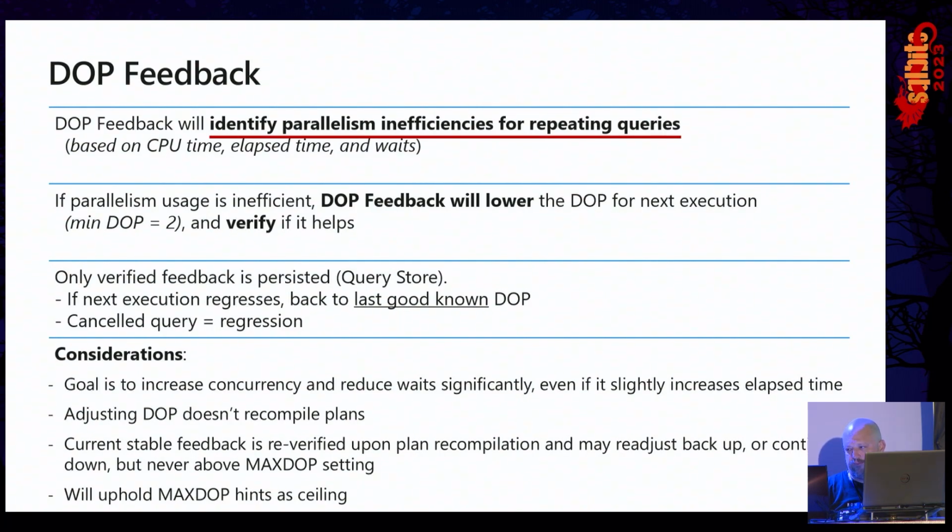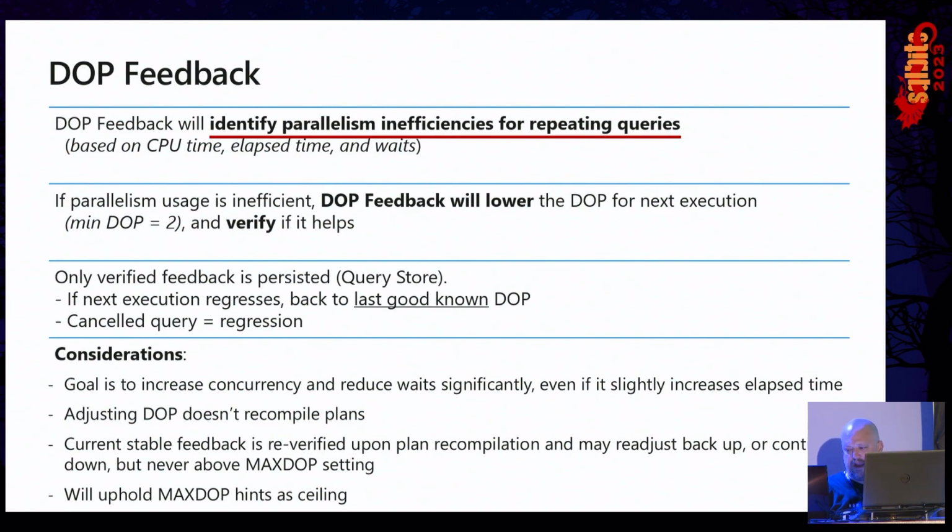In 2022, we can identify and address parallel inefficiencies in queries that use too much parallelism. Wasted parallelism drives compute overhead, so using a lower degree of parallelism can be more efficient. If we determine that we're using too much parallelism, we try a lower degree of parallelism, not going below 2. So essentially we're testing and laddering down.